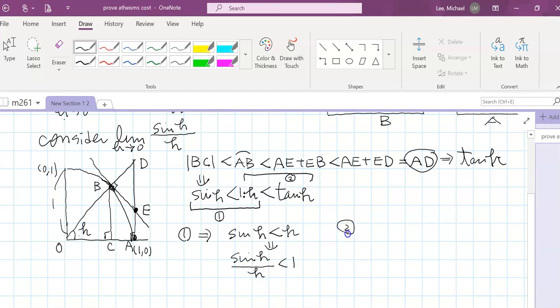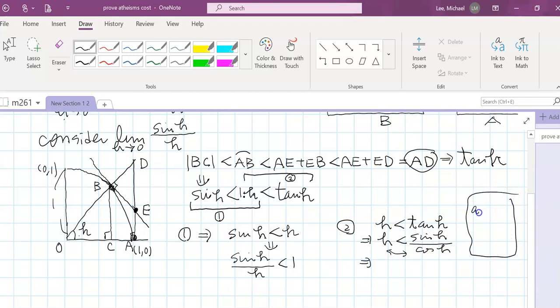Now from number 2, h is less than tangent of h, meaning h is less than sine h over cosine h. This means we can always switch these two: if a is less than p over c, then c is less than p over a.